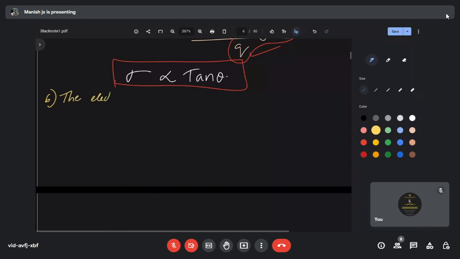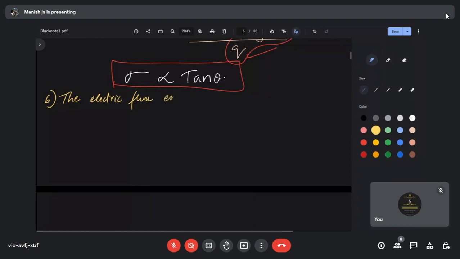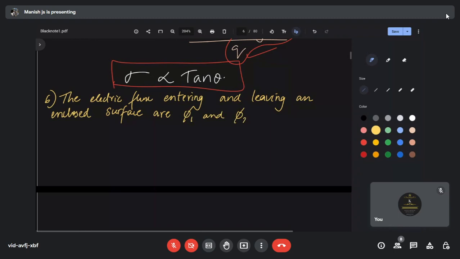The electric flux entering and leaving an enclosed surface are phi 1 and phi 2 respectively.